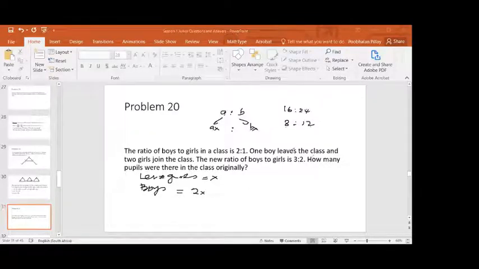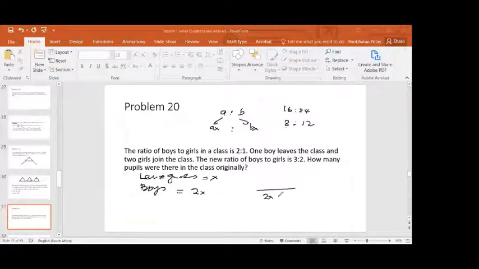Now, they give you information. One boy leaves the class and two girls join the class. So let's take a new ratio now. One boy leaves the class, so you got the boys at the top.